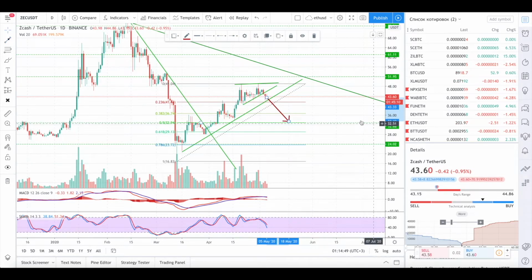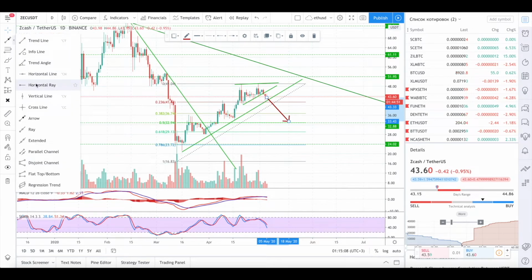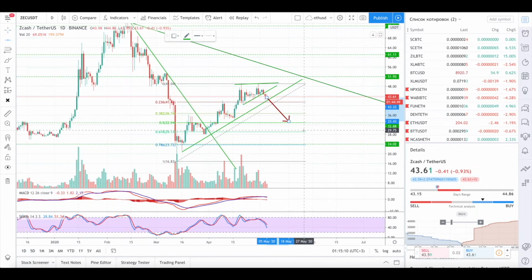If it breaks, the price will go down to the level of $32. If the price holds the trend and goes up, the first goal will be $52. Therefore, at the moment we are only watching how the price behaves. Let's see the levels even lower, just in case: 28, 36 and 24.